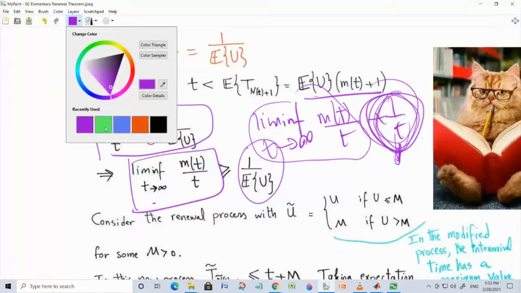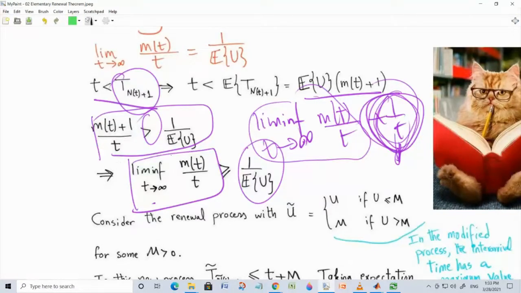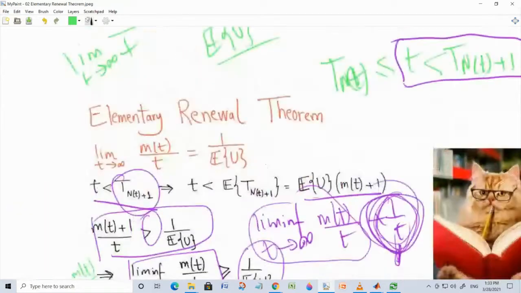Okay, so if you are doing this proof from scratch, then if you start from here, you say, okay, so here's the plan. The limit infimum is always less than or equal to the limit supremum of m(t) over t, right? And now, if I show that the limit supremum of m(t) over t is less than or equal to 1 over the expectation of U, which is the guy here, then everything is equal, and the limit exists, and is what is given in the elementary renewal theorem.